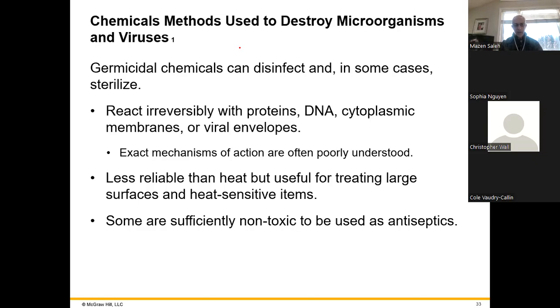So this irreversible reaction with proteins, nucleic acids, membranes, and of course viral envelopes, which are membranes with proteins in them, is very similar to a cytoplasmic membrane.